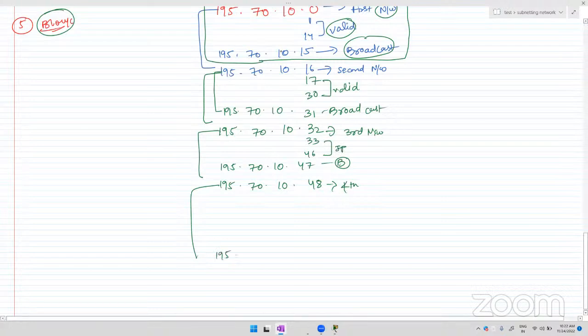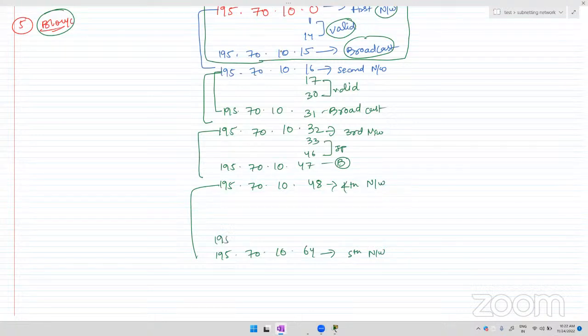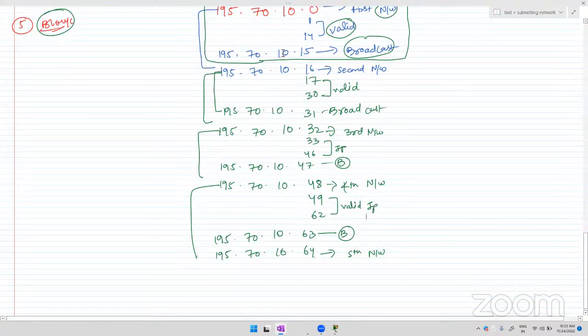So 195.70.10.48 plus 16, 64. It's my fifth network. And broadcast is 195.70.10.63. And valid IP is 49 to 62.